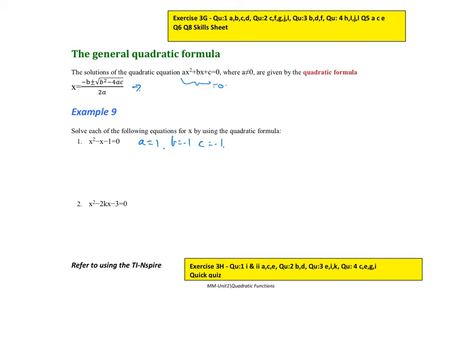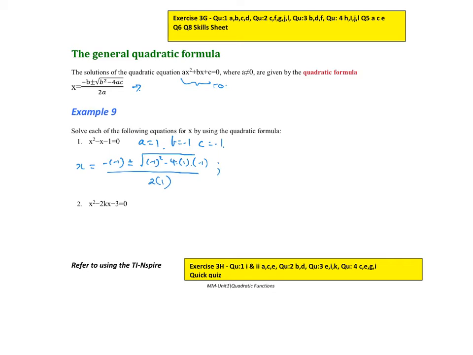So the solutions to this equation, x, are equal to minus b plus or minus the square root of b squared minus 4 times a times c, all over 2a.